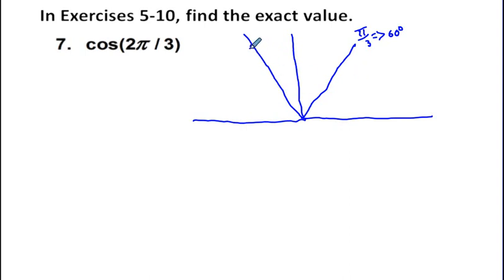What we can do is create a reference triangle by dropping a vertical line segment straight to the x-axis, and then our reference angle alpha is going to be equal to pi over 3, or 60 degrees. And so this enables us to use our 60 degrees over here on the right, pi over 3.